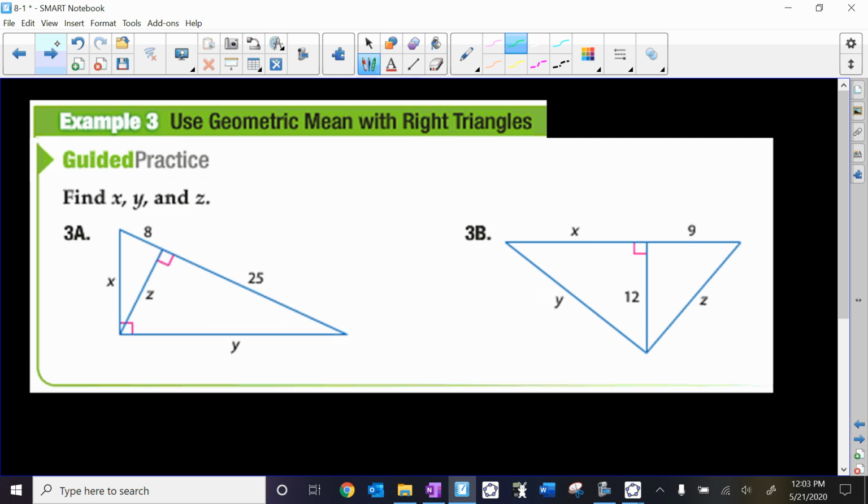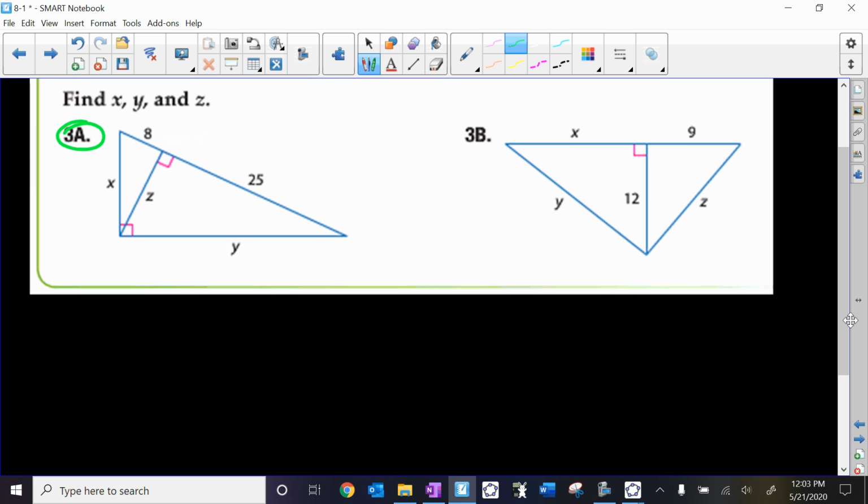So, quick example, we're just going to do one of these, and we're going to do 3a. It asks us to find all three variables, x, y, and z. So in this case, the variable that we have to start with is z. We don't have a choice out of this. And remember, this is where that altitude theorem comes in.